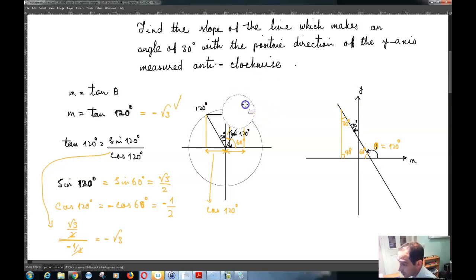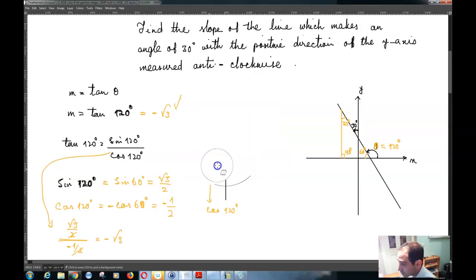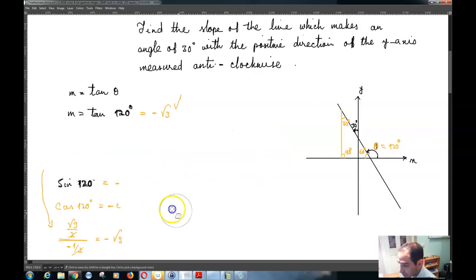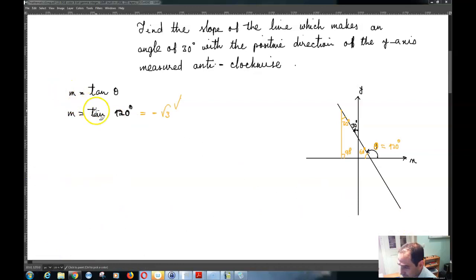So what you can do here is that there seem to be two ways to do this. For example, when you have tan of 120 degrees, you can write that as tan of, for example, 90 degrees plus 30 degrees.